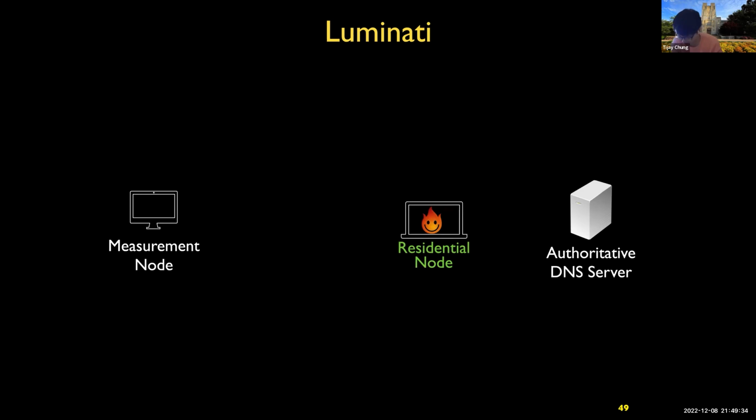using this Luminati platform, what we can do is pick one node in a certain country and make it send an HTTP request to a DNS authoritative server, right? DNS and web servers under our control.